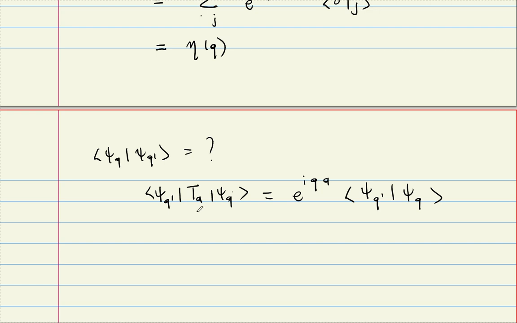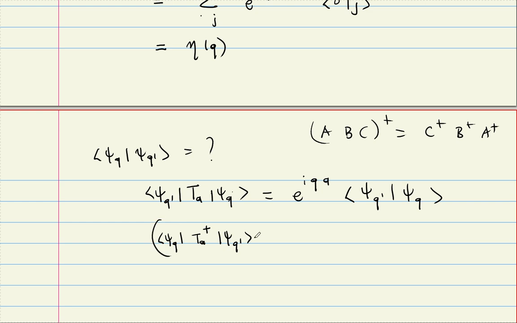But I can do this thing in a different way. I can take this thing, reverse it, right? When you reverse, say A, B, C, if you take the Hermitian conjugate, it's C dagger, B dagger, A dagger. Here, B is T, C is this ket, A is bra, and if I reverse it, ket becomes bra, bra becomes ket. So this is T a dagger, and this is psi q prime.